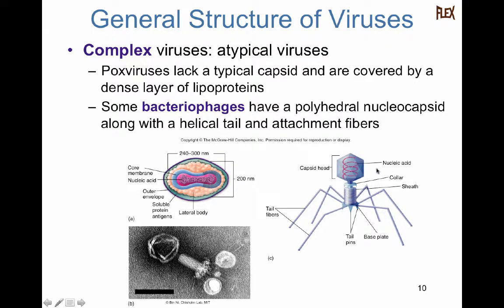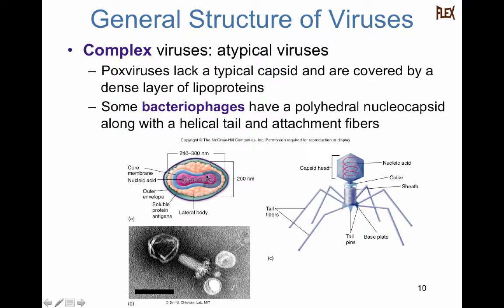And these are represented by this tripod-looking, spider-looking thing on the right-hand side. So this is a pox virus, a cartoon image here. This is an actual electron micrograph of a bacteriophage and a cartoon image of one of these as well. They're complex in the sense of their structural elements.